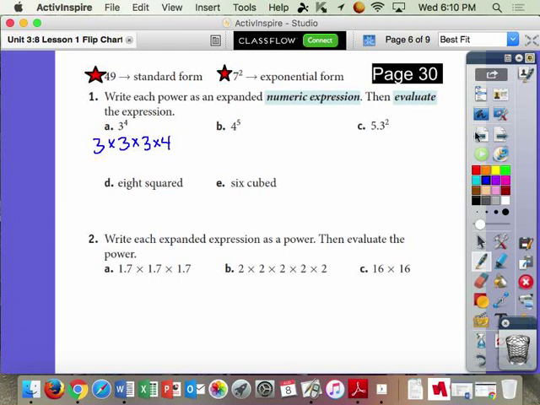Awesome. Oh my gosh, look at me. Talking and writing. Can't do it. All right, so I have 3 written 4 times. And then I'm going to do a little cheat here and use my calculator because that's going to be a big number. So 3 times 3 times 3 times 3 again is going to be 81. So these are the 2 answers that they want from us.